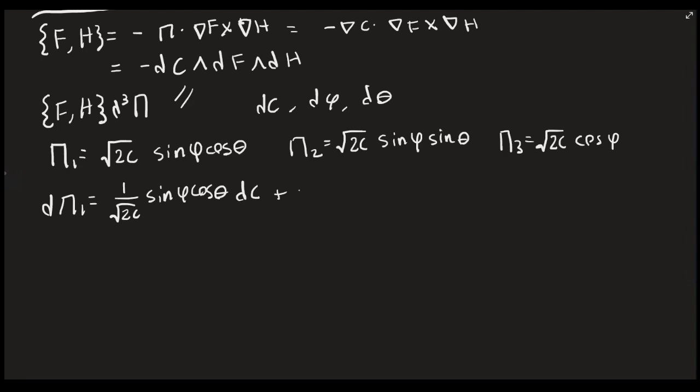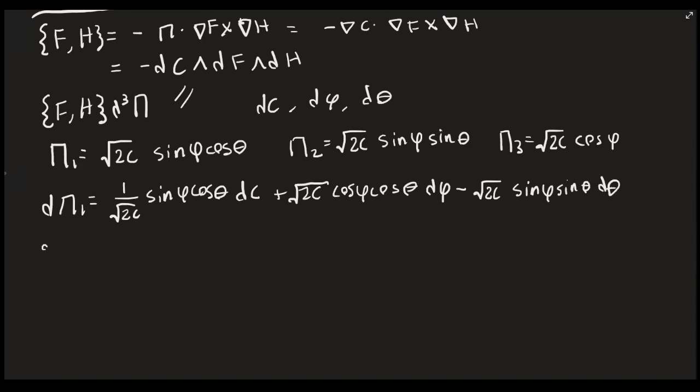Okay, now plus root 2c cos phi cos theta d phi, minus root 2c sine phi sine theta d theta.